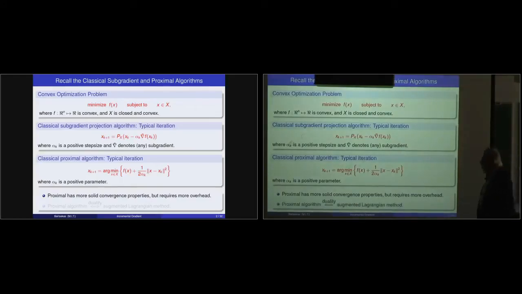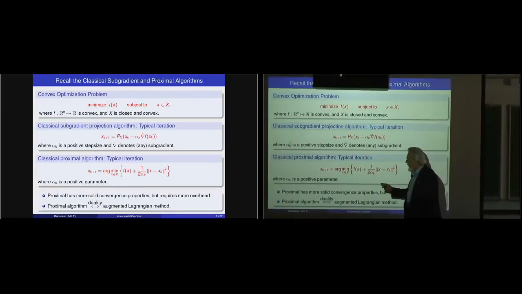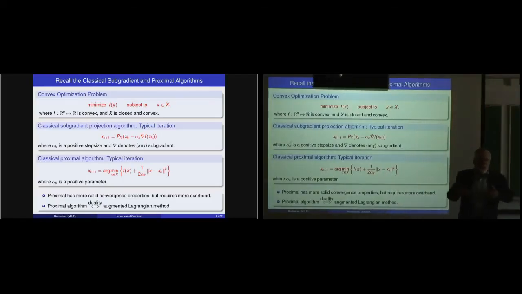The proximal algorithm also has theoretical significance because of its dual version. Okay, I'll get into this a little bit more later. But here what we have is minimization of the sum of two convex functions. And there's a dual version of this minimization in the so-called Fenchel duality framework.